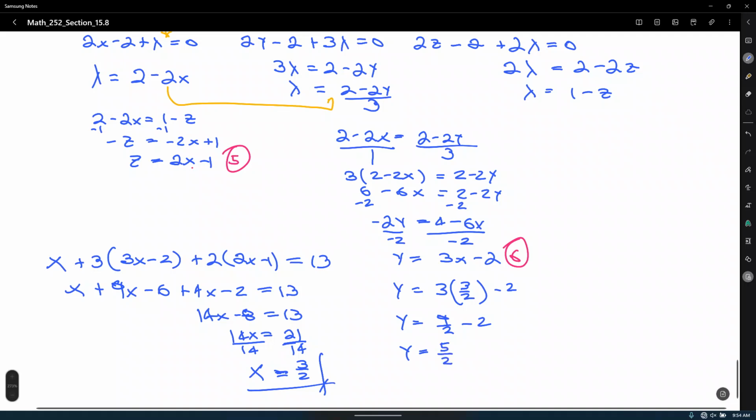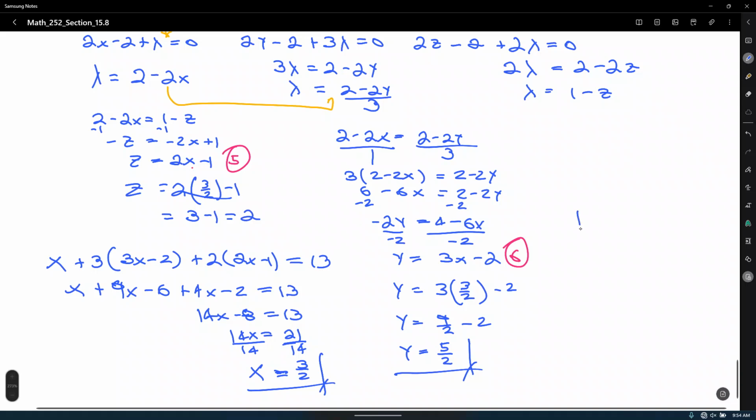Right? Box it. And lastly, z equals 2x minus 1, which is 2 times 3/2 minus 1. Oh, integer, nice. That equals 3 minus 1, that equals 2.